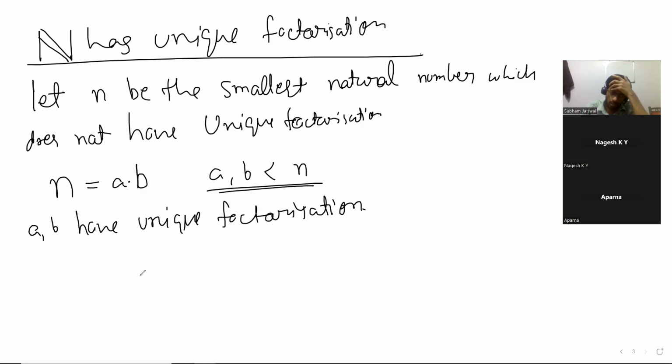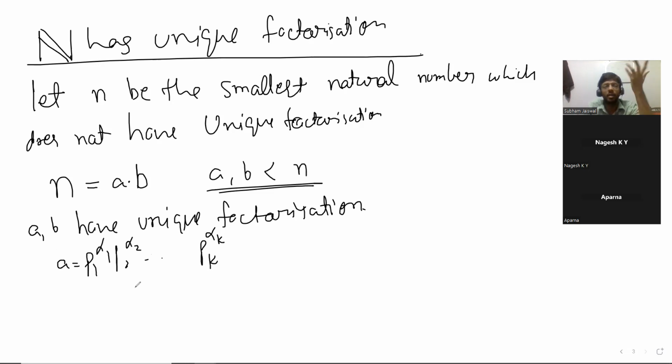At least we get that they have factorizations. Uniqueness will come in a different way. Because N was the smallest, A and B have factorizations at least, right? Factorization means a product of primes. So A can be broken up into primes, and B will also have this factorization.